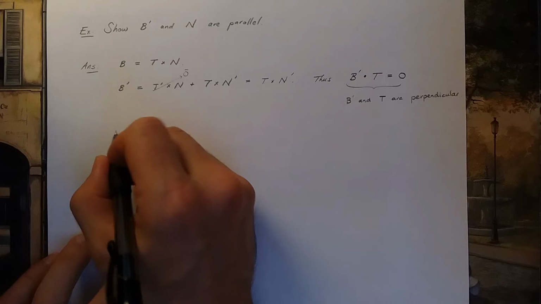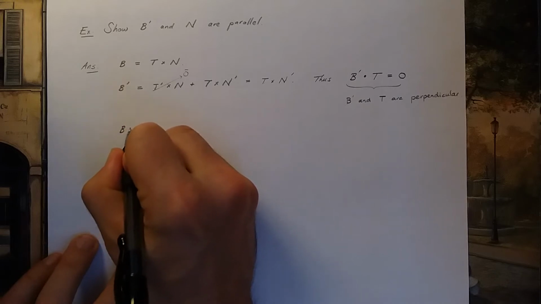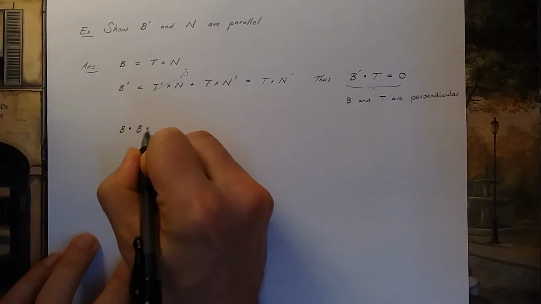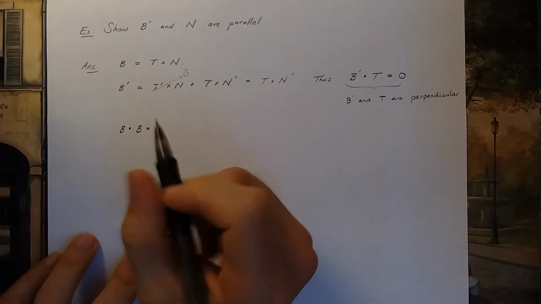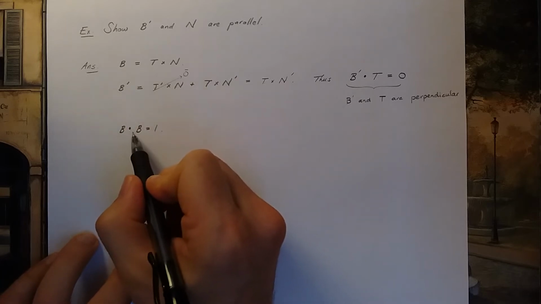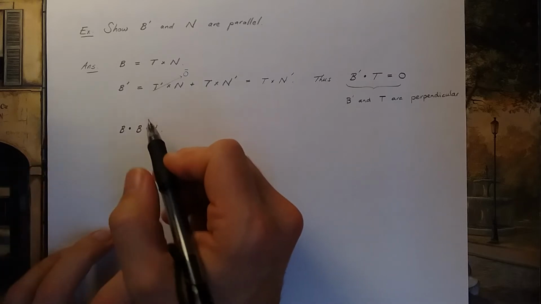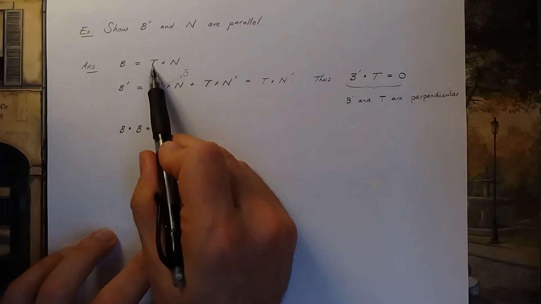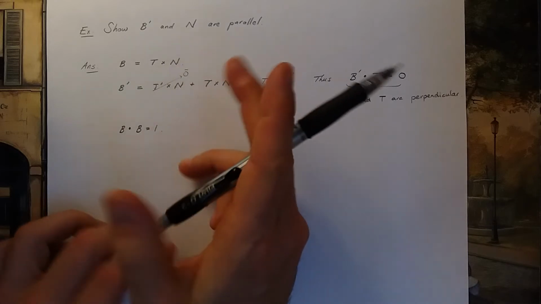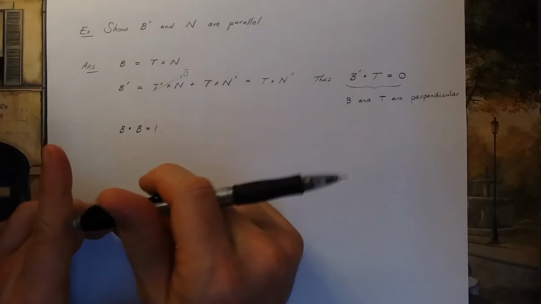Now, we also know that b dot b is equal to 1. b is a unit vector. It's a unit vector because we're taking the cross product of two unit vectors that are at 90-degree angles.